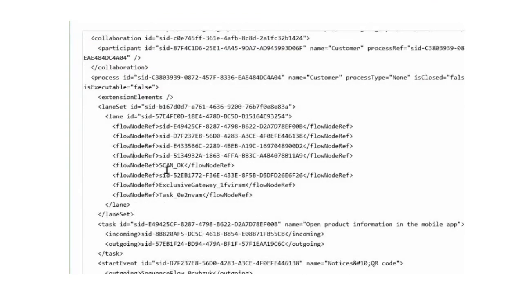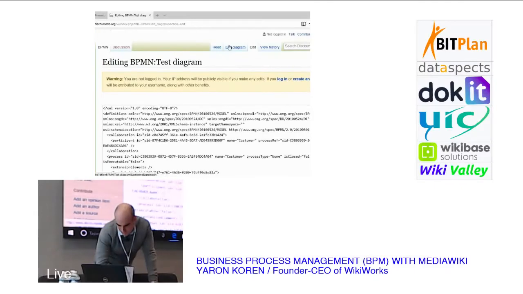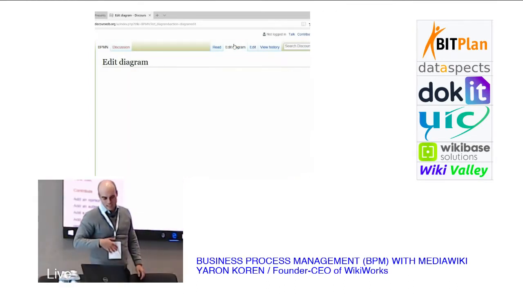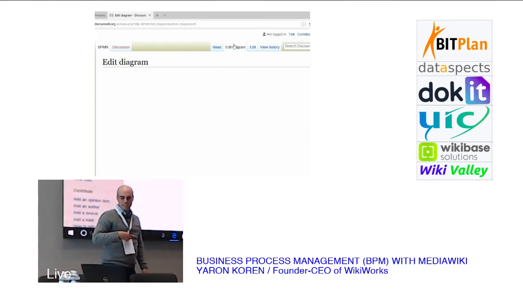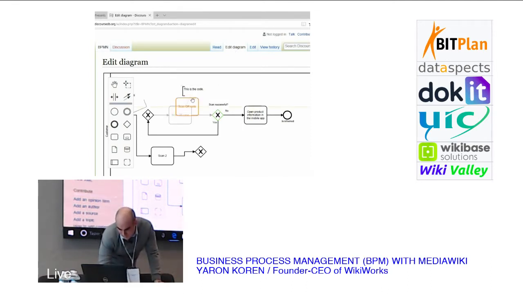This is apparently the standard, popular syntax for flowcharts. But then, if I click on the Edit Diagram tab, it uses the BPMN JS library. It actually also uses it to display it. But here you can edit it. You can move stuff around.